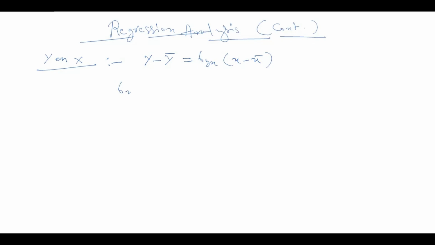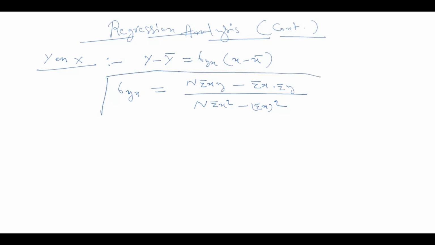We have derived the value of byx, or simply b, as n sigma xy minus sigma x sigma y upon n sigma x square minus sigma x whole square. Here n is the number of observations, the number of samples.